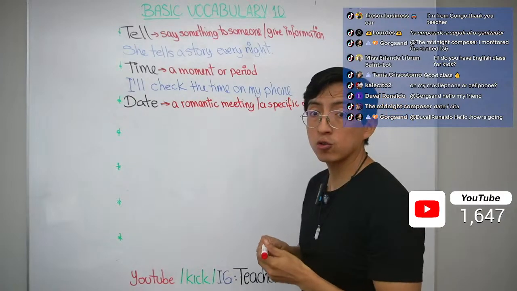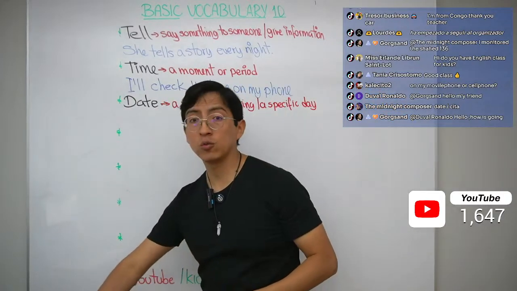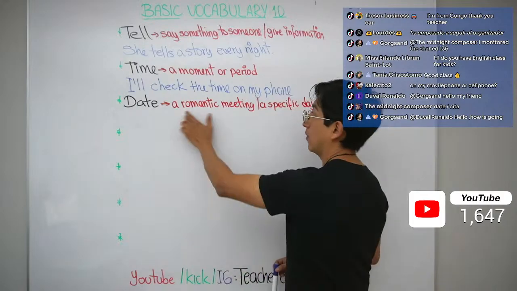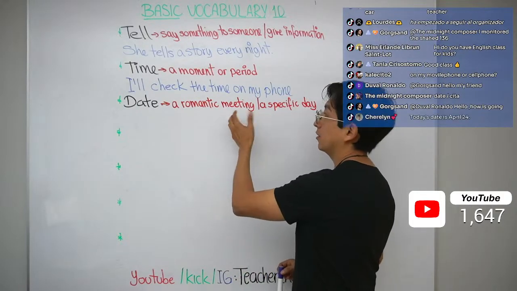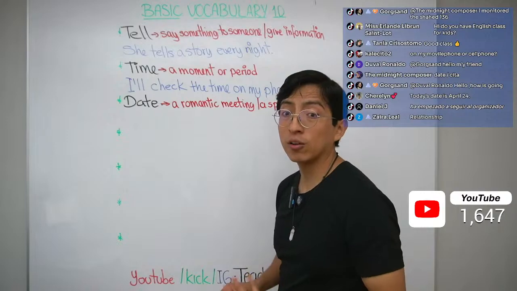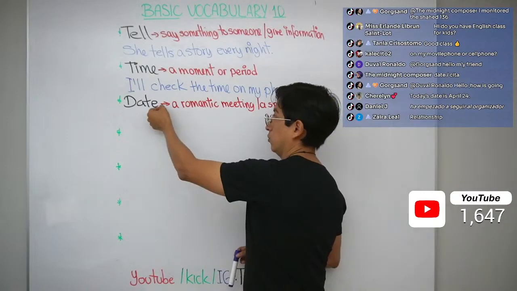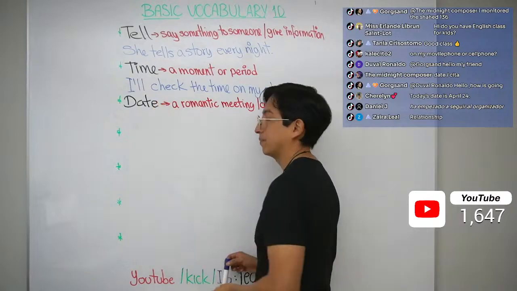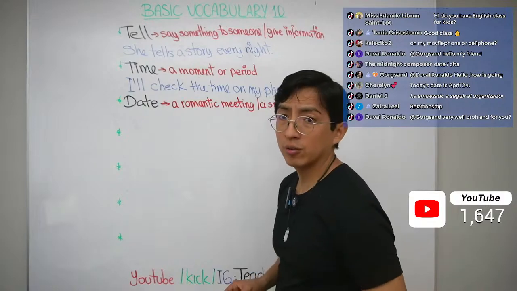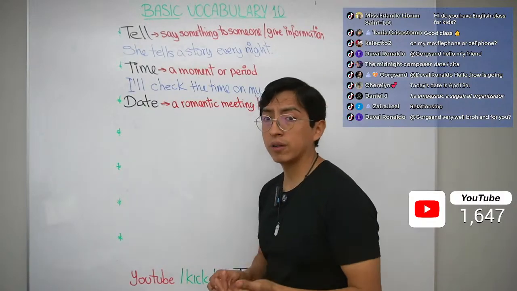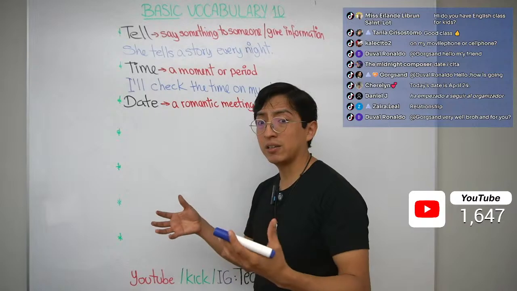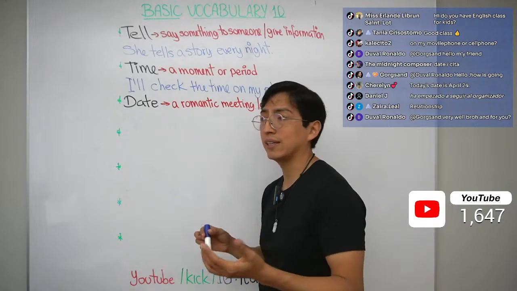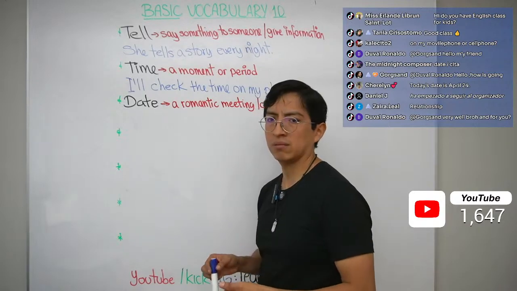Okay, we have these two words. Number one, a romantic meeting, especially if you're single. Yes, you went on dates a lot, right? Many people have dates. Very good. Or maybe if you're with your girlfriend or boyfriend and you have a special day, you can have a romantic date.